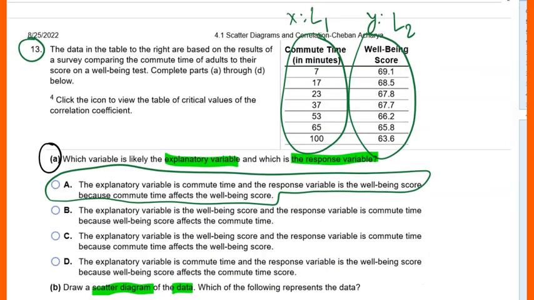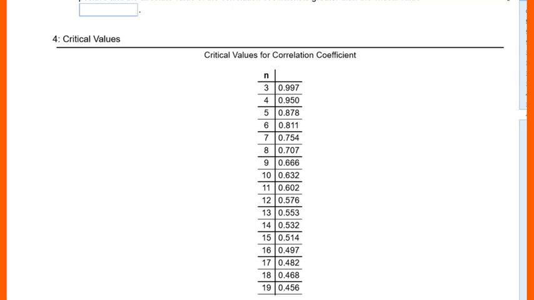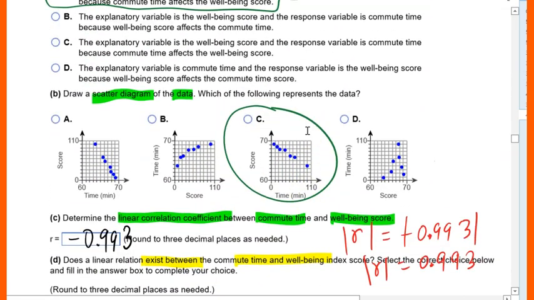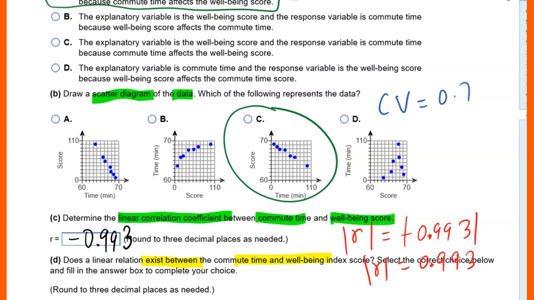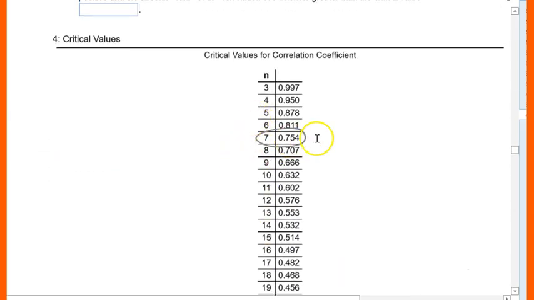Let's see how many data points there are here. 1, 2, 3, 4, 5, 6, 7. Here n equals 7. And the critical value for n equals 7 is here. For n equals 7, the critical value is going to be 0.754. Here you go, 0.754.